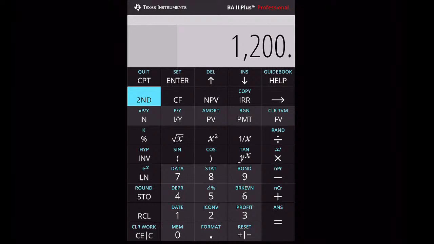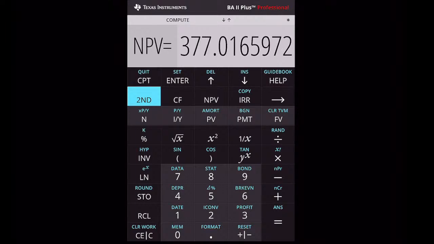Okay, so now let's ask the calculator for NPV. It needs the discount rate of 10%, which we determined we should use. I gave it to you. And then you arrow down and ask to compute. And that's the answer.